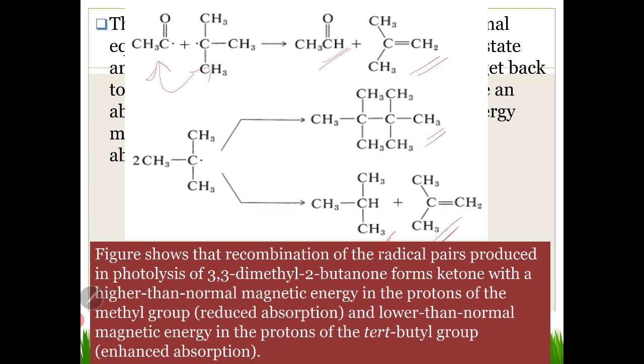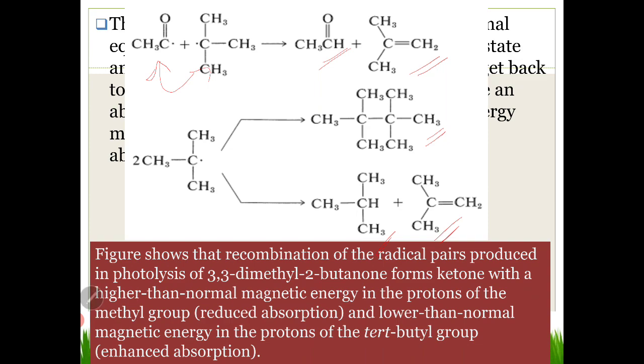So the figure shows that the recombination of the radical pair produced in photolysis of 3,3-dimethyl-2-butanone forms a ketone with a higher than the normal magnetic energy in the protons of the methyl group. So higher energy means reduced absorption, and lower than the normal magnetic energy in the protons of the tertiary butyl group means enhanced absorption.